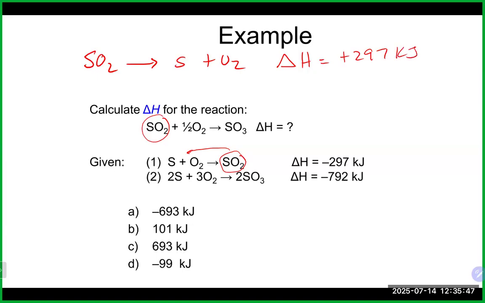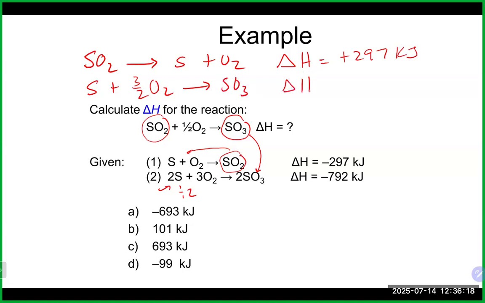For the next one here, looking at the SO3, I do have it on the right, and I do need it on the right over here, except that I only need one, and I do have two of them in this equation on the bottom. So I will need to divide this by 2, and if I divide that by 2, that's going to give me S plus 3 over 2 O2 goes to just one SO3.